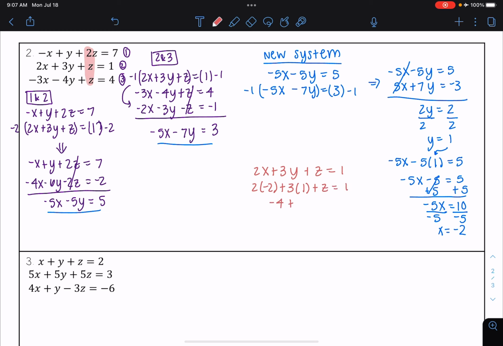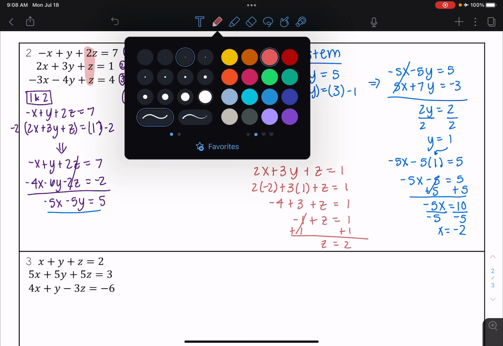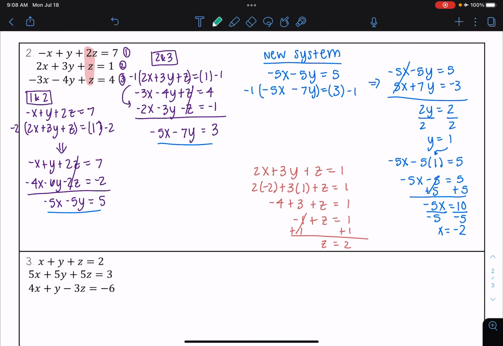So negative 4 plus 3 plus z is equal to 1. So I get that z is equal to 2. Now that I have my values of all three variables, I'm going to go ahead and write as an ordered triple. I need to put my x value first, my y value second, and my z value third.